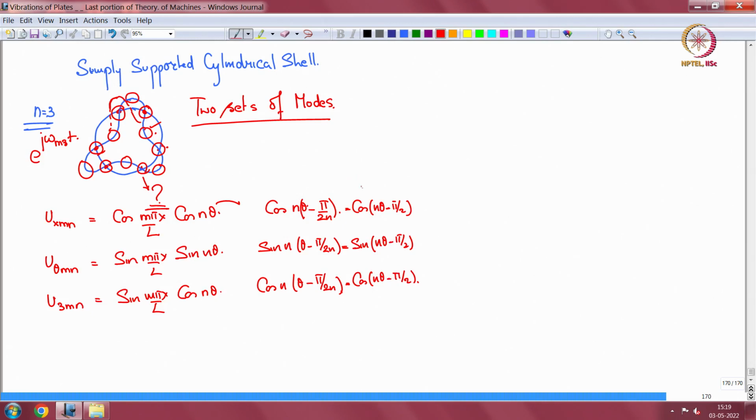Okay. So, this gives me cos n theta cos pi by 2 plus sin n theta sin pi by 2. So, the other set here is sin n theta. This gives me sin n theta cos pi by 2 minus cos n theta sin pi by 2. So, this is minus cos n theta, the next set, and here I get the same as before.